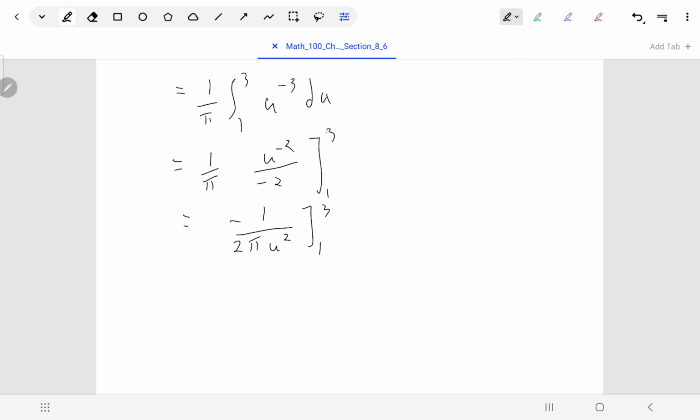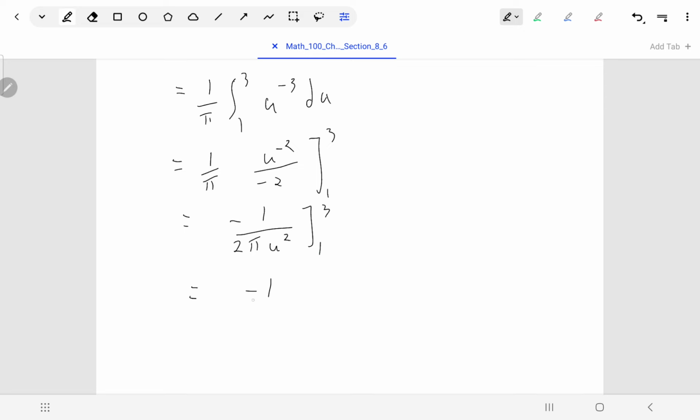And again, these are u values, the 1 and the 3, so we don't need to go back and turn things into t's. We can just go right ahead and put in what we have in terms of u. Specifically, u is 3 and 1. Those are our two values.